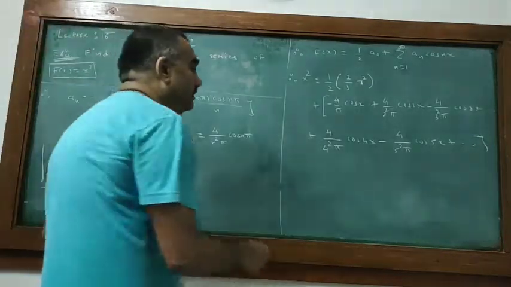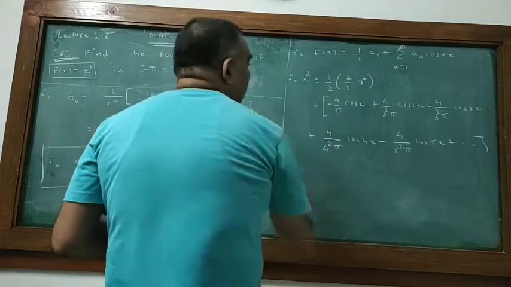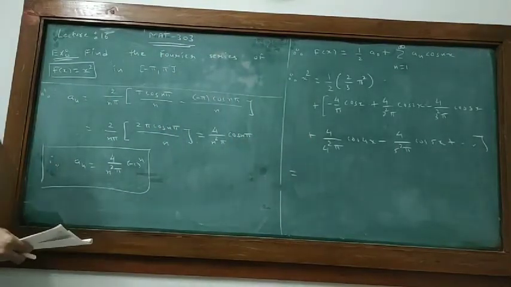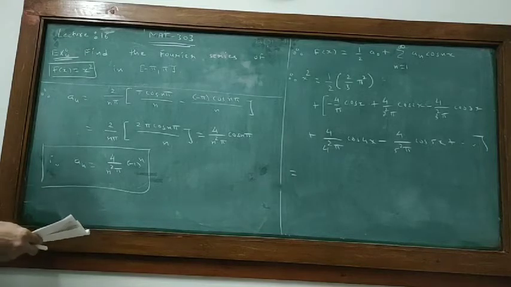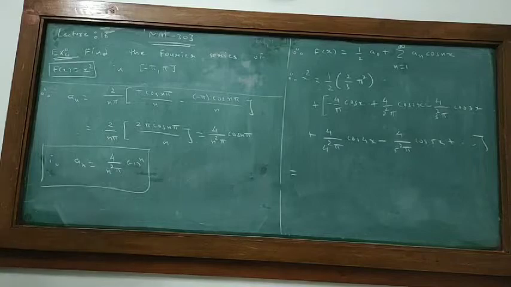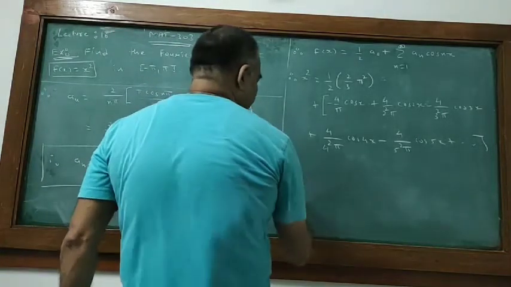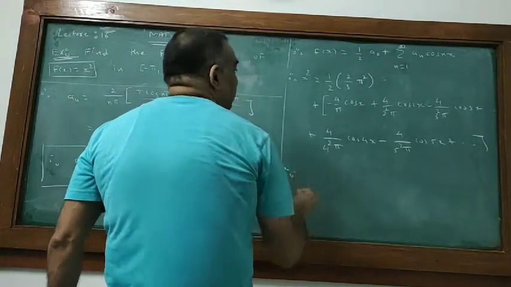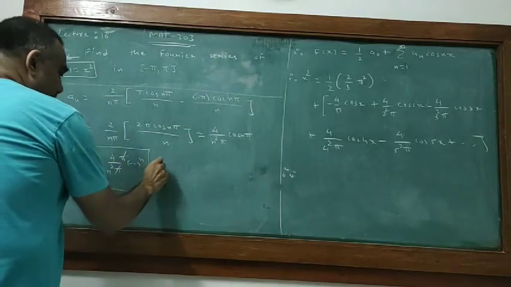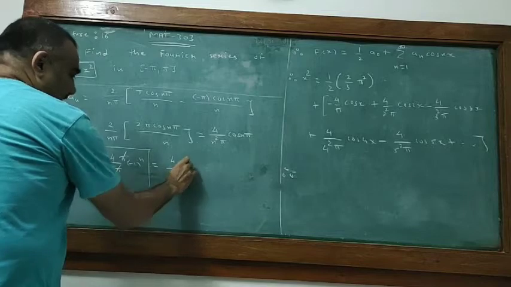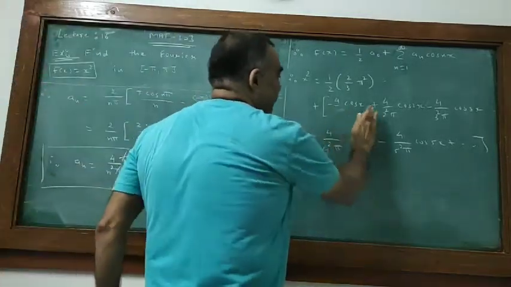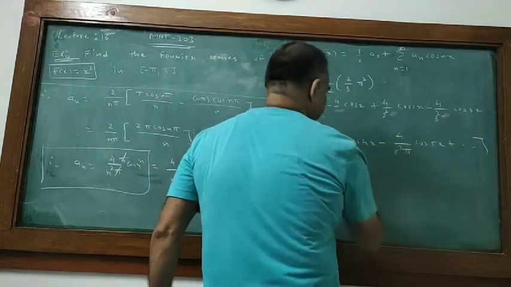So this is equal to, we can cancel out this pi also, and therefore we can find x square equal to, pi is there, so you can cancel out this pi, and therefore 4 upon n square times minus 1 raised to n, and therefore we can cancel out this pi from each of the terms.